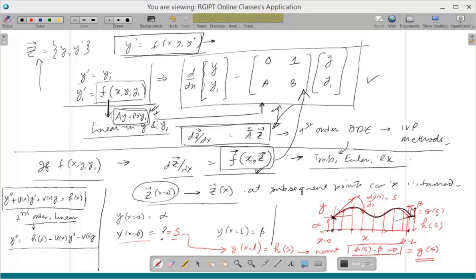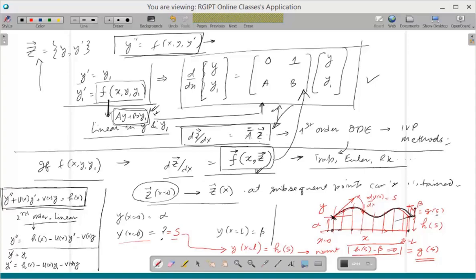Remember, this is a linear second order ODE I'm looking at. Suppose I define y prime as a new variable and call it y1. Then y1 prime, which is y double prime, is given by h of x minus u of x into y prime, which is y1 itself, minus v of x y.